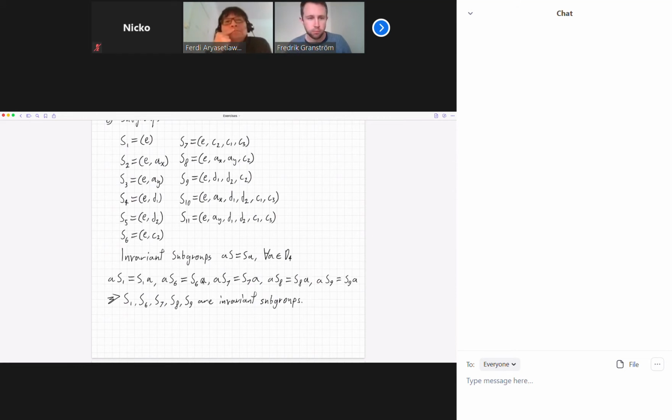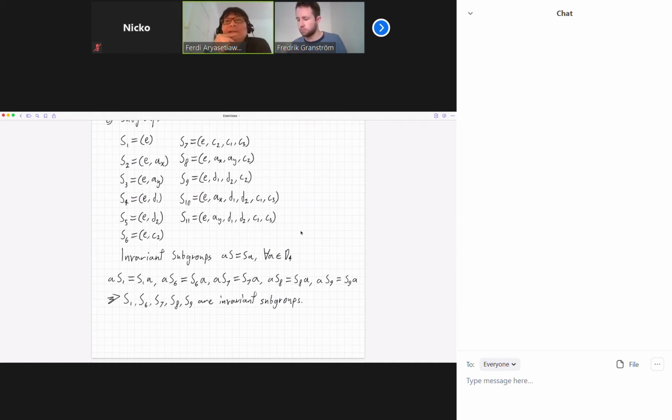So S6 becomes invariant. S7 does as well, because if you multiply C3 from different directions, they give you opposite results. And then for the same reason, S8 and S9 also become invariant.